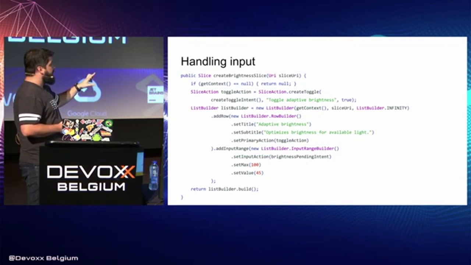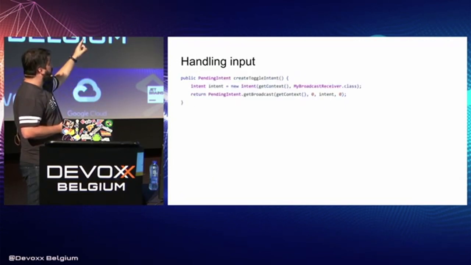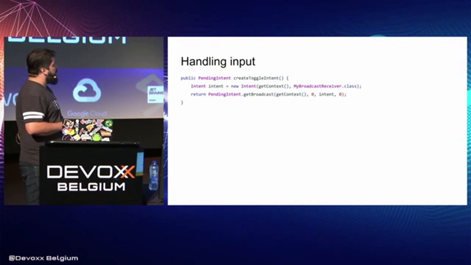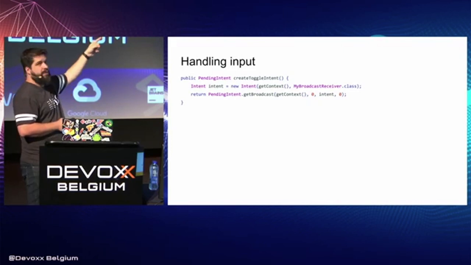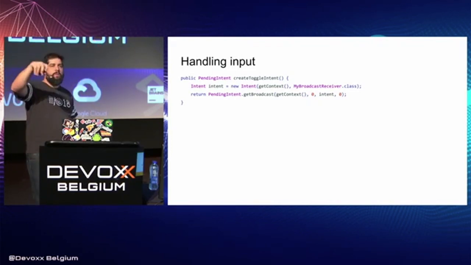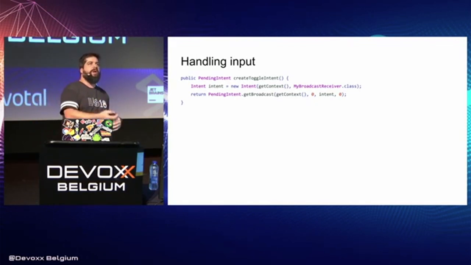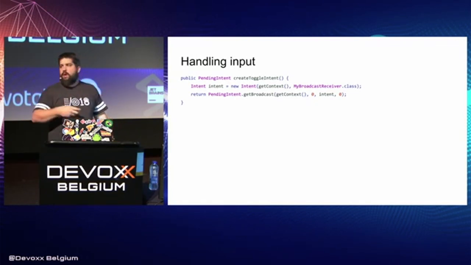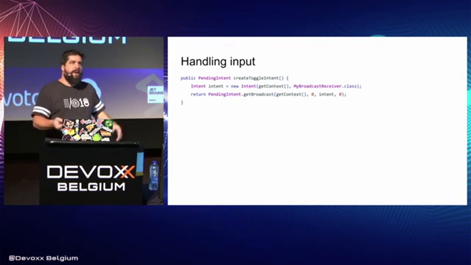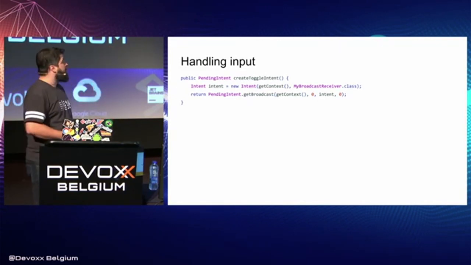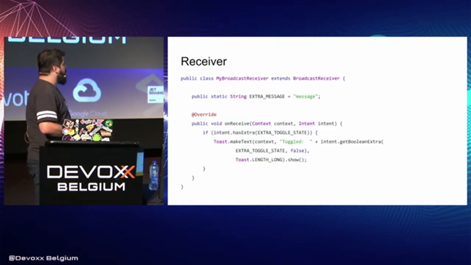When the user interacts with this list, you have a pending intent again, creating the toggle intent, and then using the get broadcast, because we have the broadcast receiver. Because we are not opening an activity, we need to send this message to someone to adjust, for example, the brightness. It could be a configuration activity if you prefer, but in this case, we are using the broadcast.